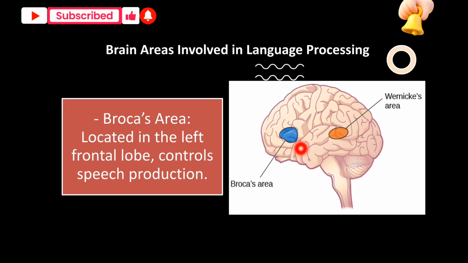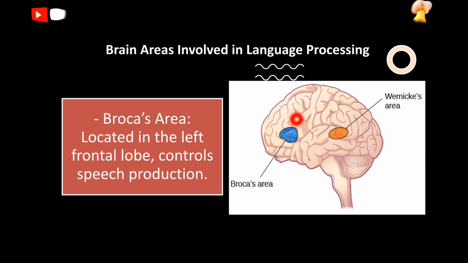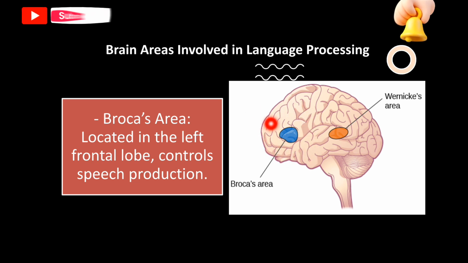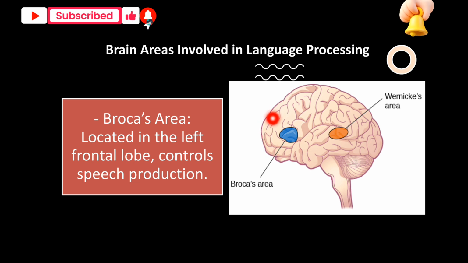It might be that due to a stroke, or due to some injuries, this part of your brain is injured. That's why you cannot produce sentences perfectly and correctly. So you have a problem with your speech.